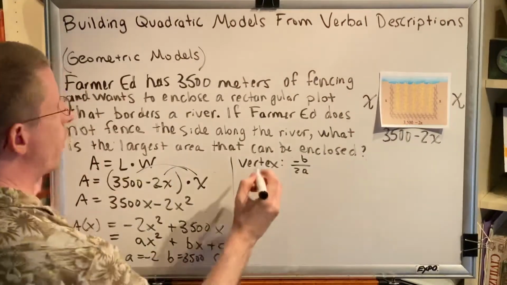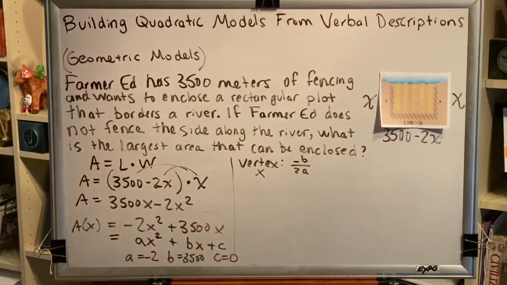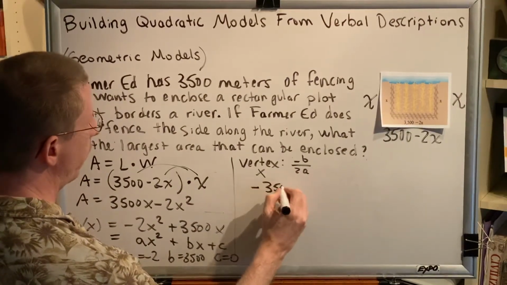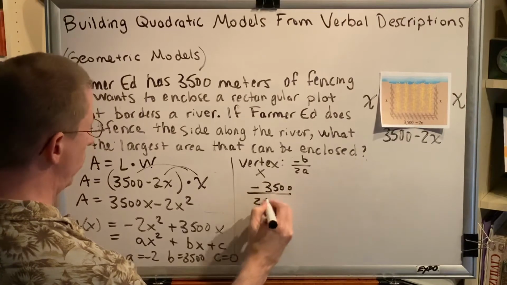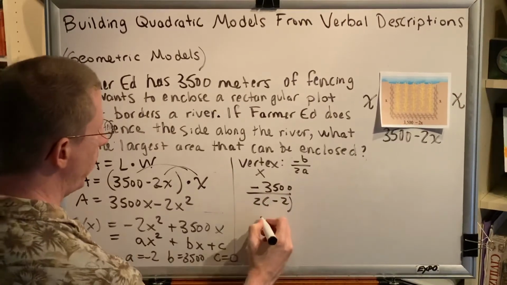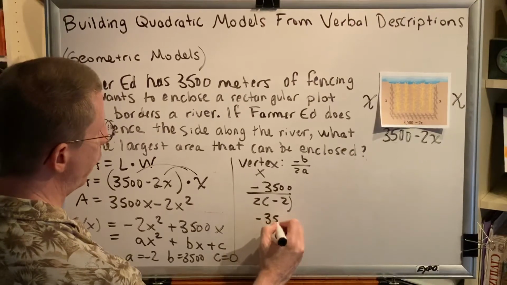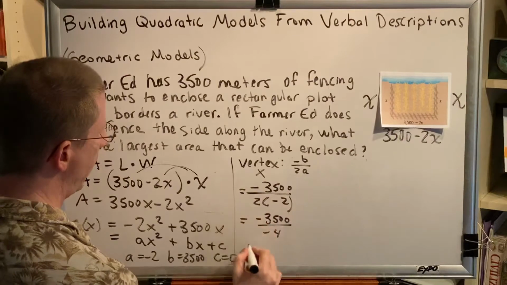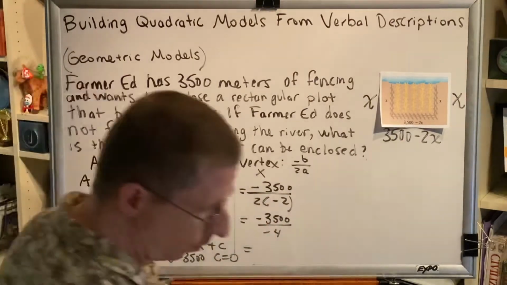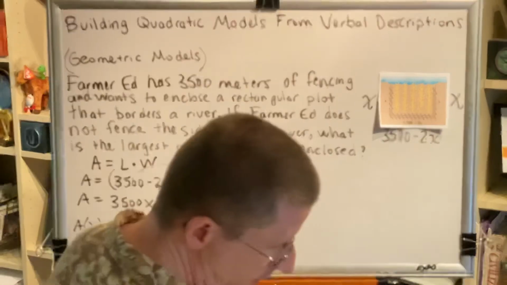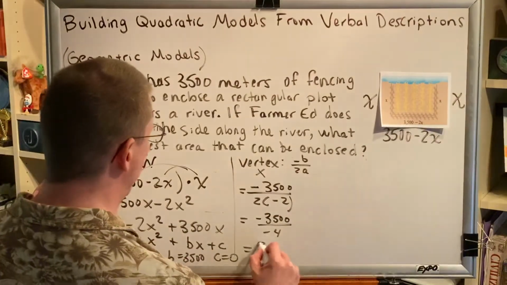So I'm going to say that the vertex x is opposite b over 2a, which in this case is opposite 3,500 over 2 times negative 2. So we get negative 3,500 over negative 4. A negative divided by a negative is a positive, and 3,500 divided by 4 is equal to 875.